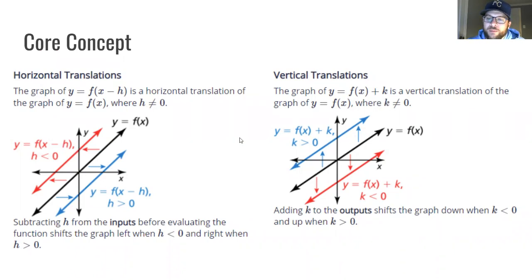The letters you're going to be familiar with for the rest of this unit and other transformations are h and k. So h is the number for horizontal, that is on the inside of the parentheses, and k is the variable we're going to use for the vertical translation, or outside the parentheses.